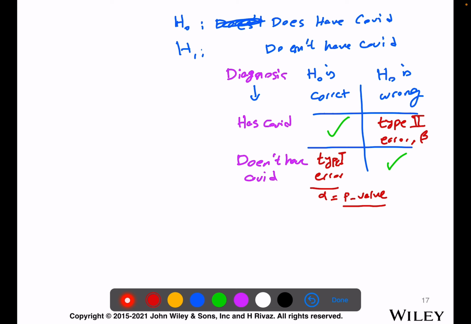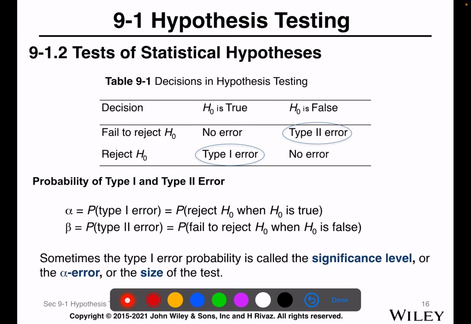So if we go back to the slide, let's try to visualize these errors with normal distributions, right? So for type 1 error, alpha, we are saying that H0 is correct, right?